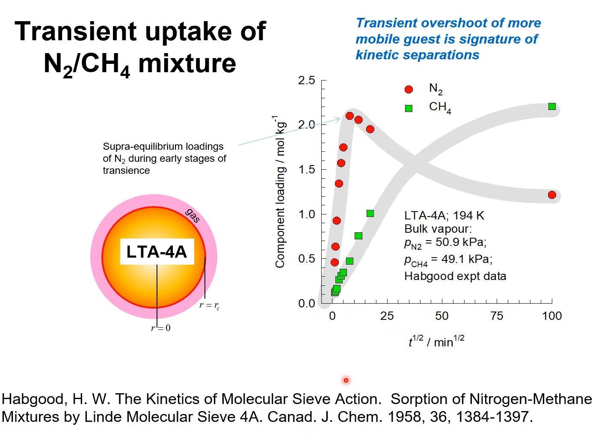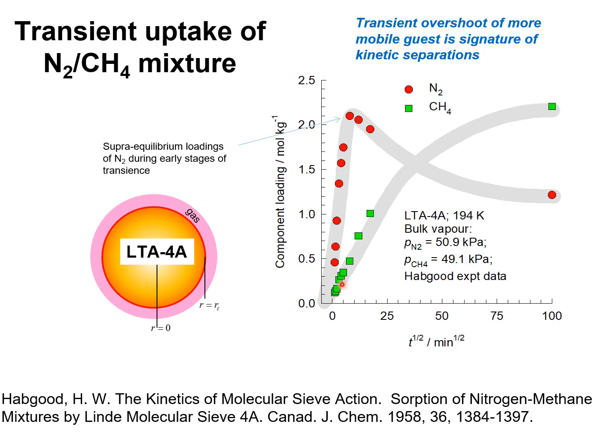The data is remarkable in that it shows that the nitrogen uptake shows an overshoot in the molar loading, and the value of the peak is about 2.2 moles per kilogram, significantly higher than the value at equilibrium, which is 1.2 moles per kilogram.